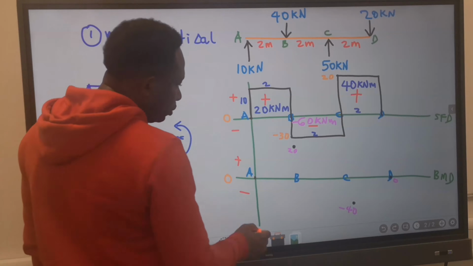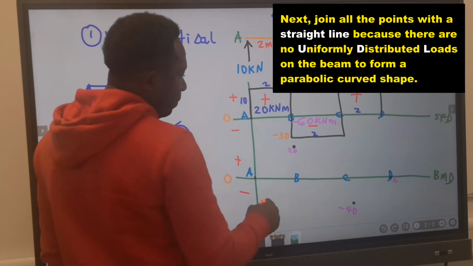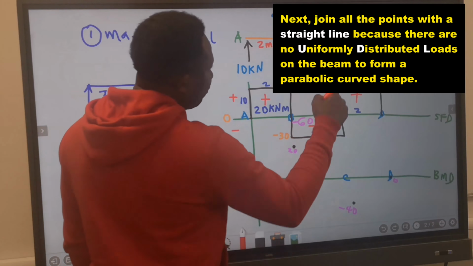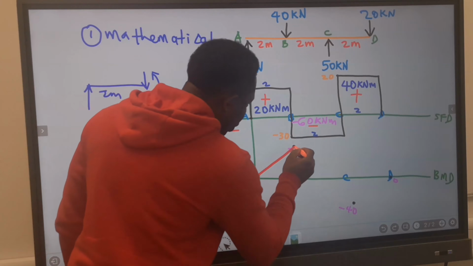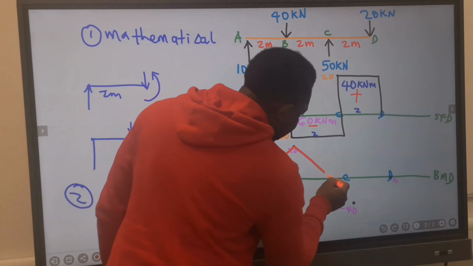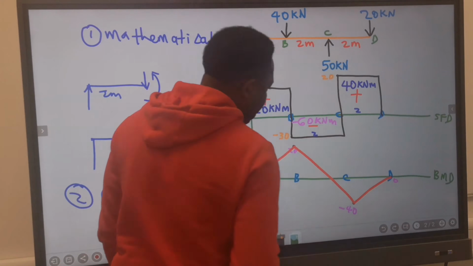Next, we are going to join all the points. Here we wouldn't have a parabola because there is no uniformly distributed load. With a straight line, I will join this, then I will join this, then it's going to end here.